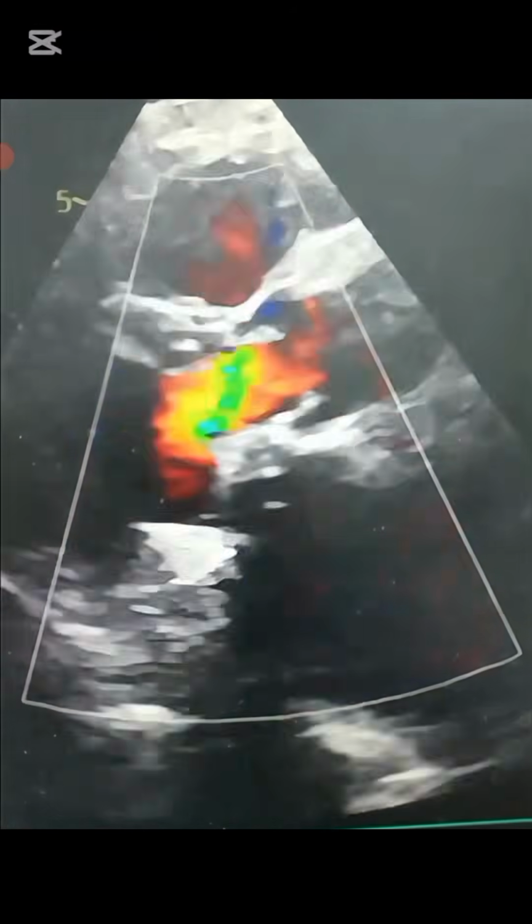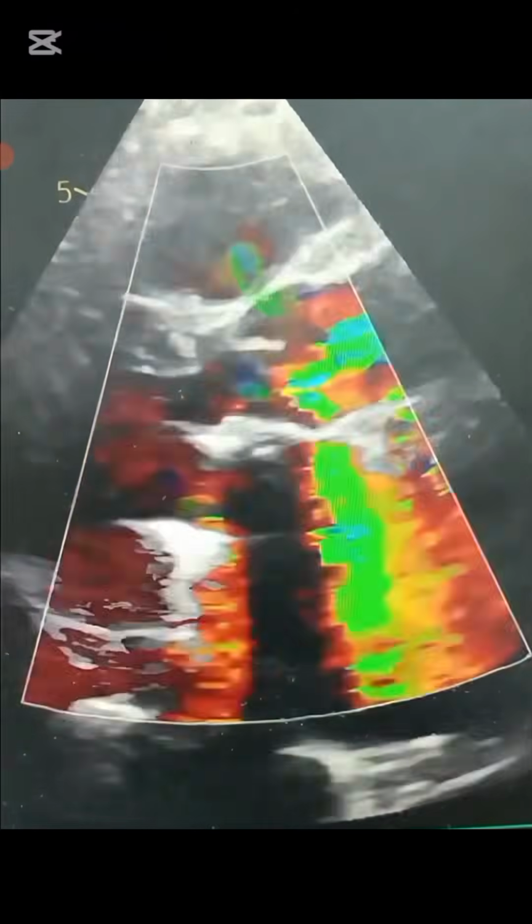Today I have a very interesting case of prosthetic mitral valve obstruction, or in broad terms, a malfunctioning mitral prosthesis. Now, the first question is this: what is a malfunctioning prosthesis?